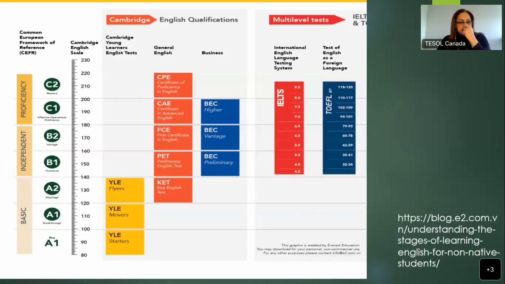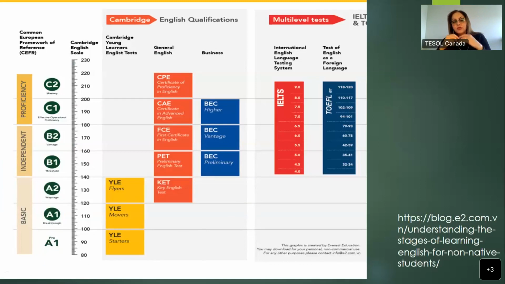Look at this chart. The first part, which is very popular, like Cambridge English qualifications, works on general knowledge in your English language. So A1 and A2, B1, B2, C1, C2. A1, A2 go to basic level, which means elementary and pre-intermediate.